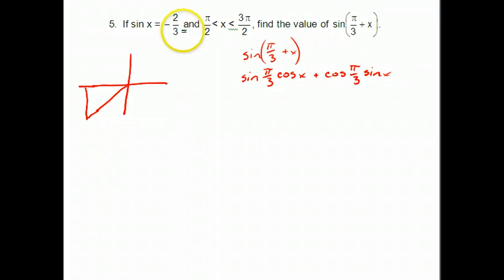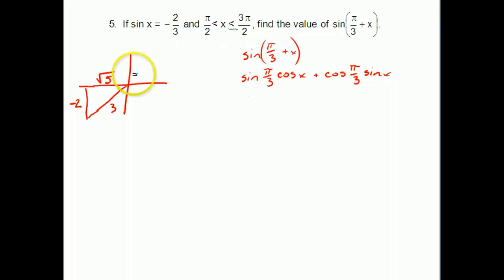And sine is opposite over hypotenuse, so it must be that this side here is negative 2, and our hypotenuse is 3. So I guess that means that our last side here is going to be 9 minus 4. This is going to be square root of 5 up here, right? Okay, so I use the Pythagorean theorem to find that last side.